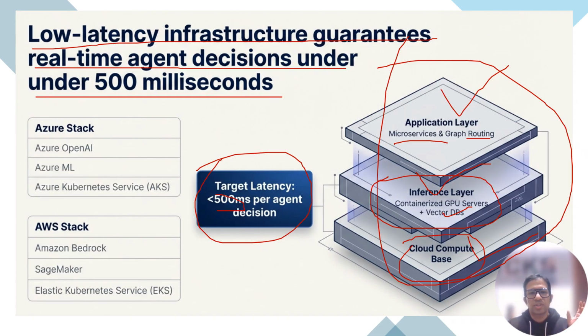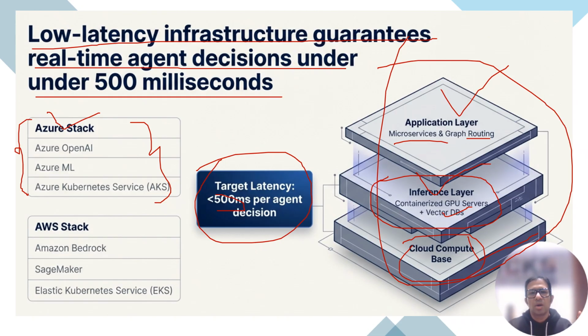Now look at the left side here. This is important for enterprise adoption because companies already have cloud preferences. Maybe an Azure stack: on Azure we can run Azure OpenAI, Azure ML, AKS. So if the company is Microsoft ecosystem heavy, this fits naturally.